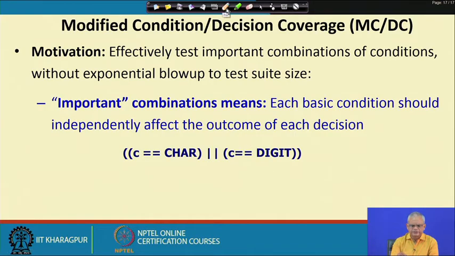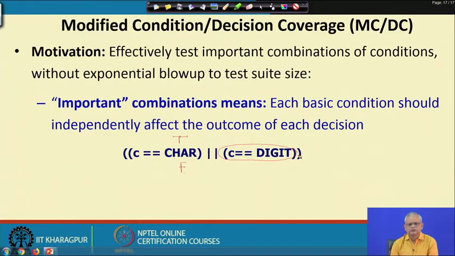What it means is that we not only require that each of the sub expressions achieves true and false values, but also while the rest of the expression is held at some truth value, if we make this true to false, then the decision should also change.